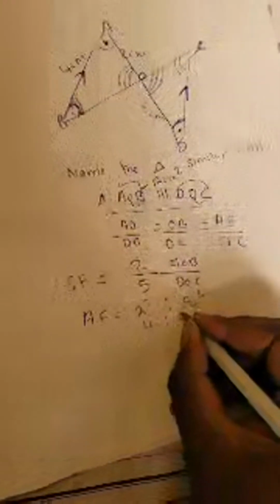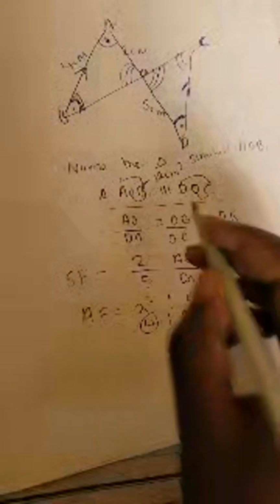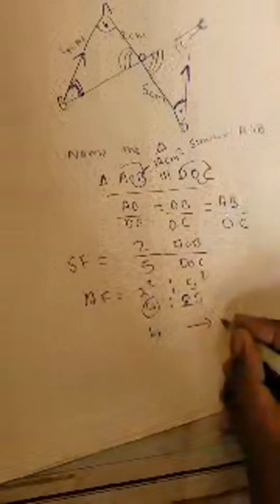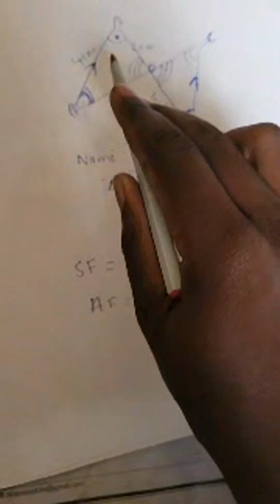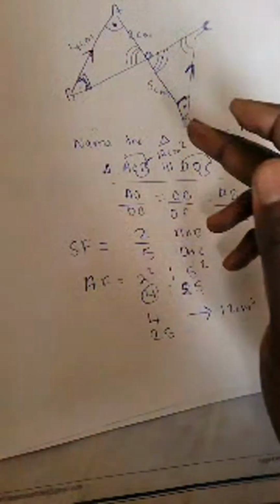It's now 4 is to 25. Okay, so 4 is representing our triangle AOB, and 4 is representing the area of 12 centimeters squared, the area of AOB. So I want to find 25, which is representing the other triangle, DOC.